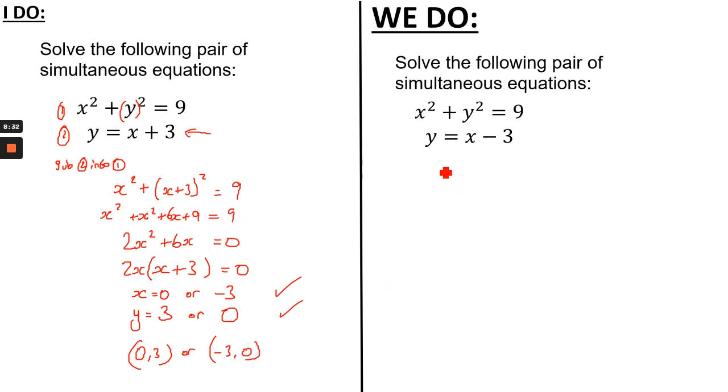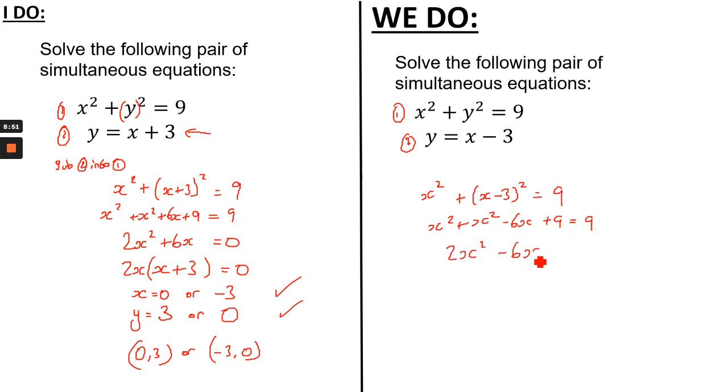Okay, so we're going to substitute equation 2 into equation 1, and you'll get x squared plus (x minus 3) squared is equal to 9. So we've got x squared plus x squared minus 6x plus 9 equals 9. So that gives us 2x squared subtract 6x equals 0.